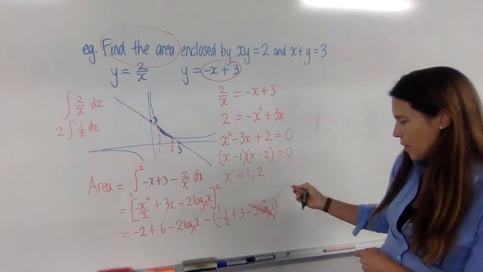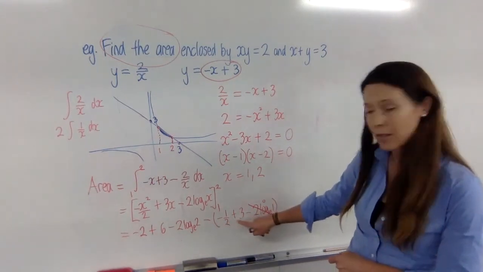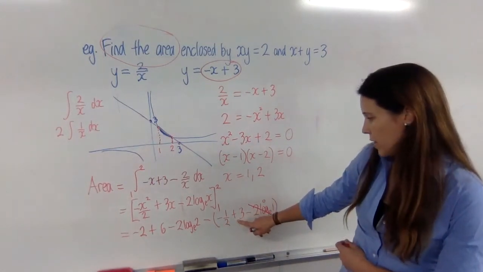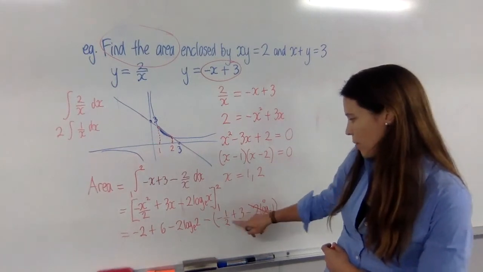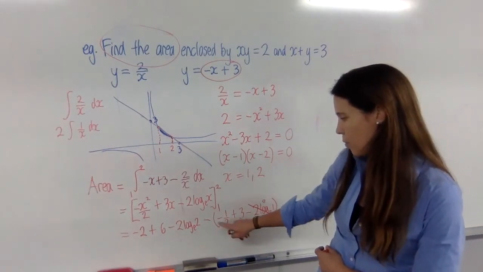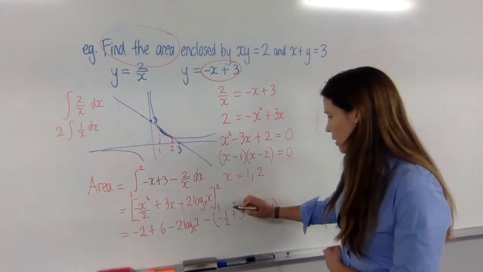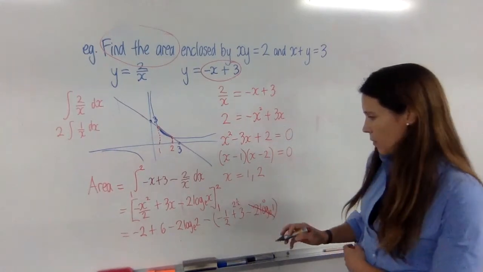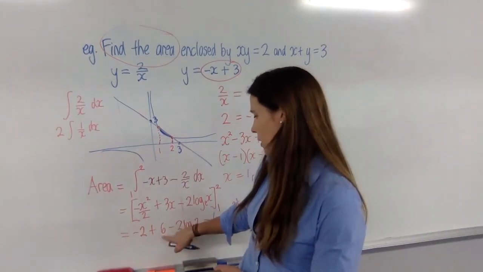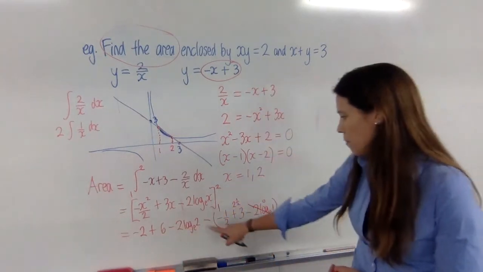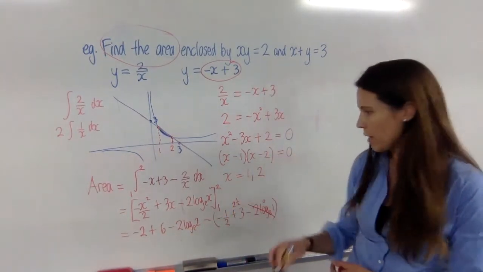Now I've got some tidying up to do. I don't want to make a sign error with these two guys. So easiest way to do it is probably think about what you've got in the brackets here. I've got 3 minus a half, so I've got 2.5 in this part. So I've got minus 2 plus 6, that's 4, minus 2.5, that's 1.5.